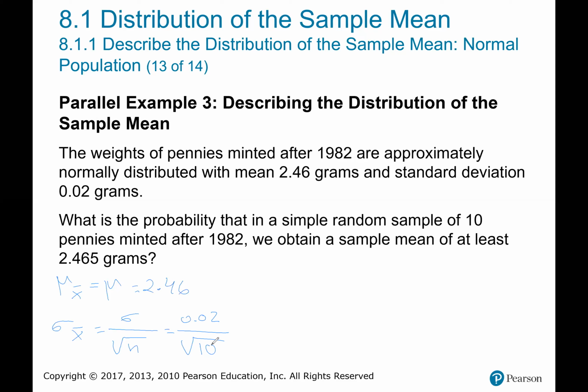But again, guys, first I have to find the z-score. The formula to find the z-score is z equal to x bar minus the mean of x bar, divided by the standard deviation of a sample, that is the standard deviation of the population over the square root of n.